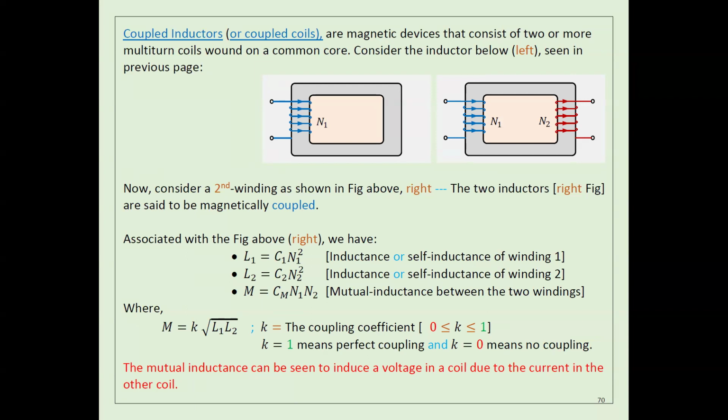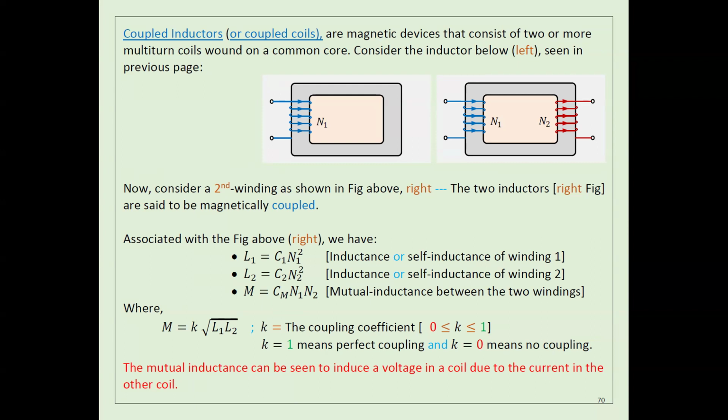This is the impact of one with the other one. And there is a relation: what is the value of M and L1 and L2? M is equal to K times the square root of L1 times L2. So it's related to L1, L2 as well.